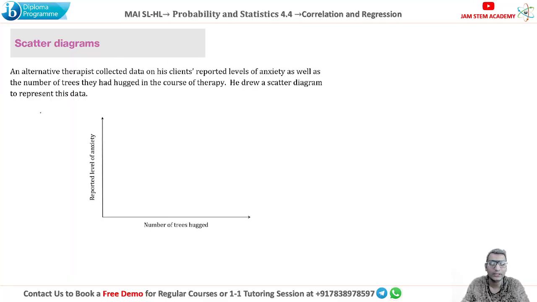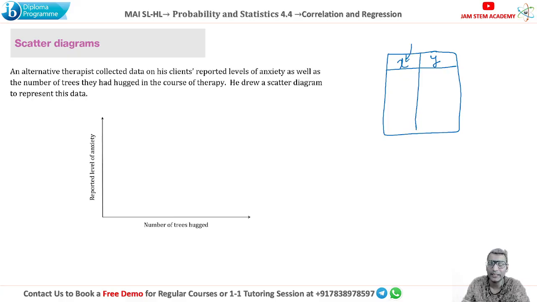So let's start with the theory. Let's consider that we have data, which means we have both x values as well as y values. x is our first variable, the independent variable, and y is the dependent variable. So we use independent variable values along the x direction and dependent variable values along the y direction, since y depends on x.